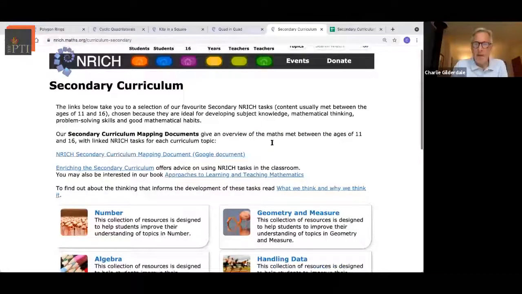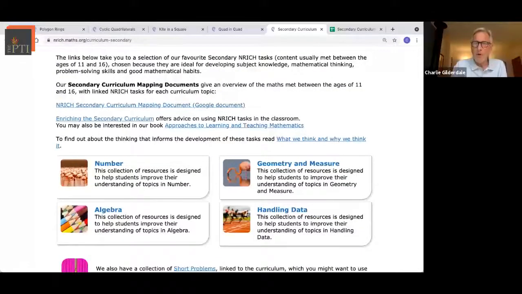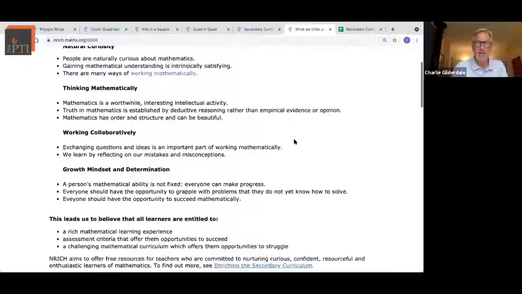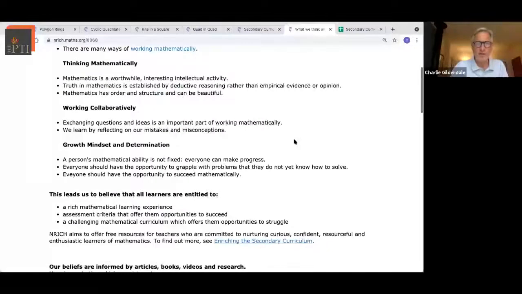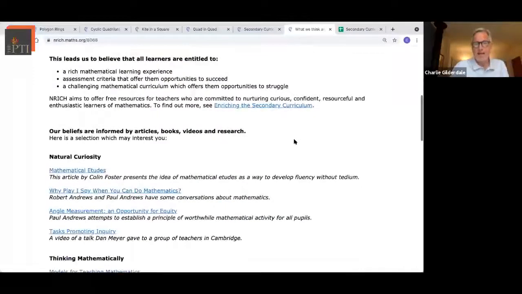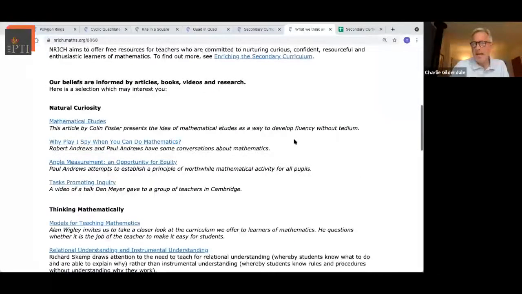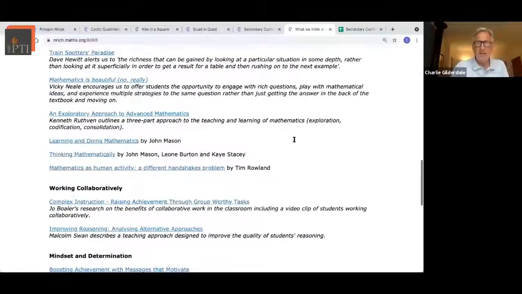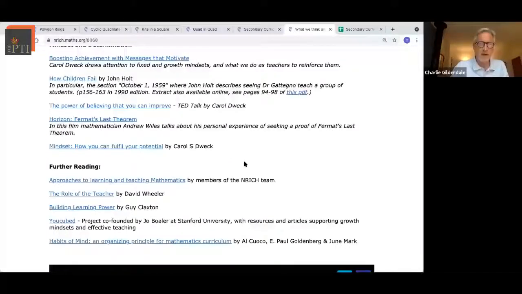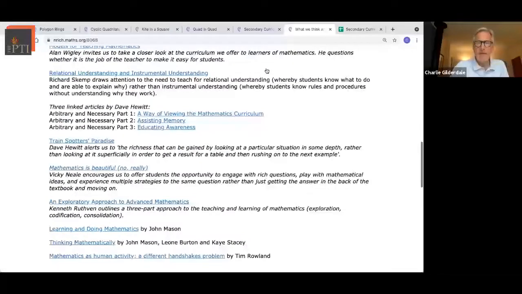One of the things that we did was set up a page called What We Think and Why We Think It, where Alison and I shared some of the thinking that went into producing our resources, and links to some articles that have informed our thinking. So we'll put a link to that, some short articles and some longer ones, and 2 or 3 books as well.